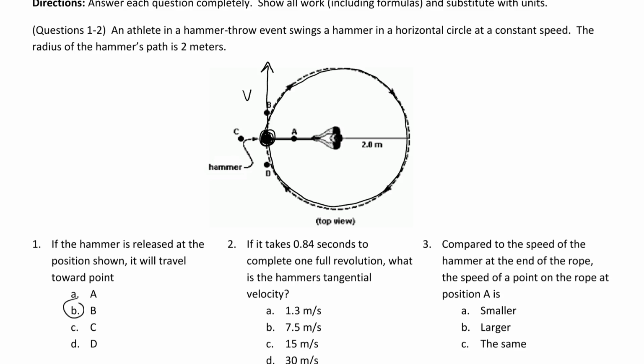2, if it takes 0.84 seconds to complete one full revolution, what is the hammer's tangential velocity? As we talked about today in class, velocity is equal to the distance divided by the time. And in this case, since we're moving in a circle, we're talking about the distance around the circle, in other words, the circumference.